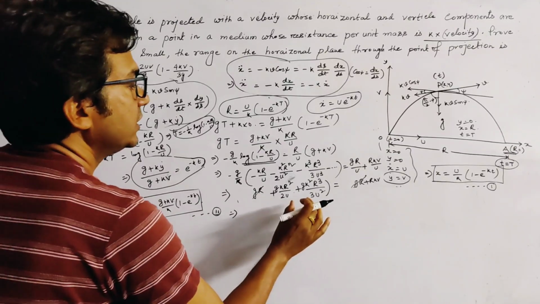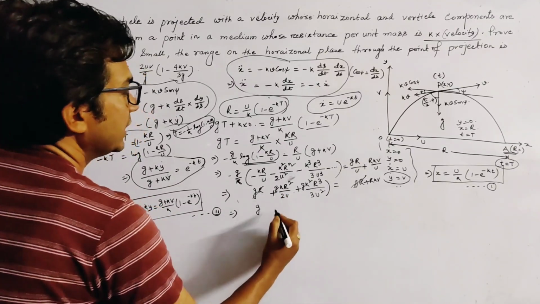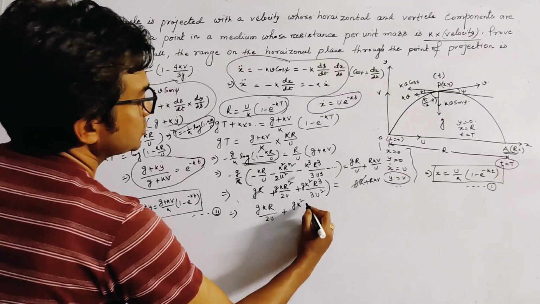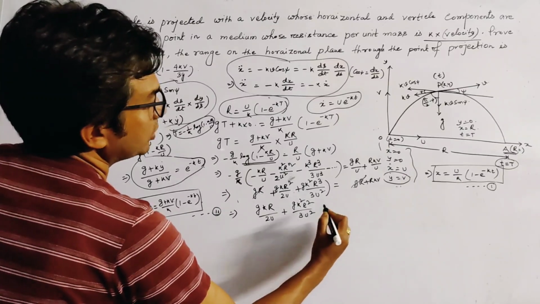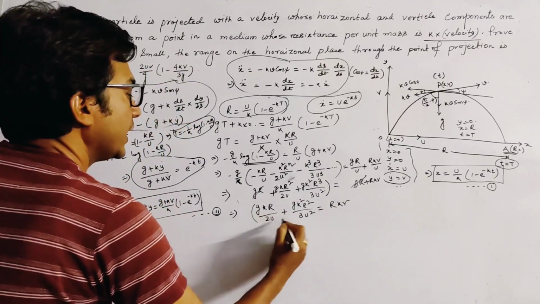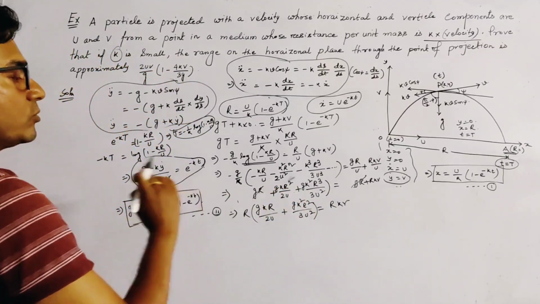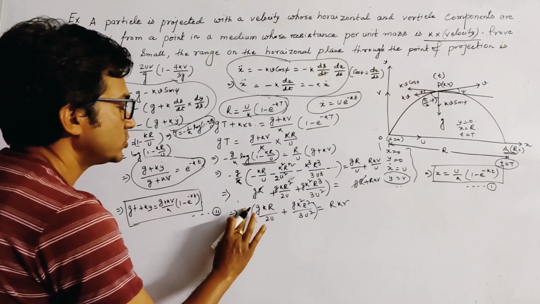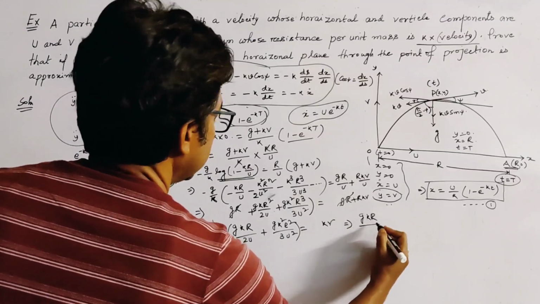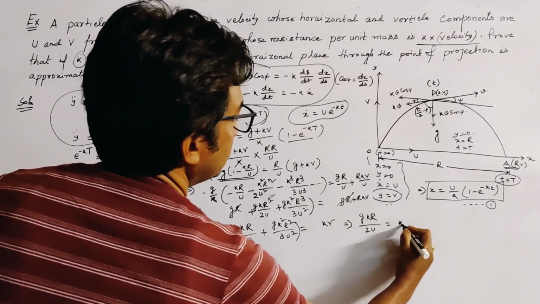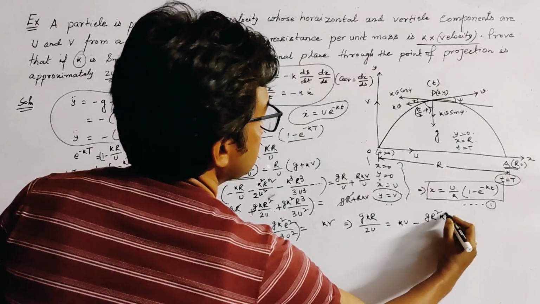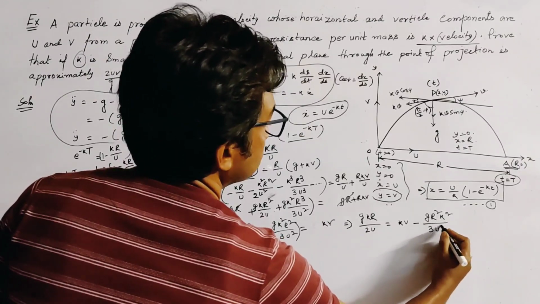We get the relation g k r by 2u plus g k square r square by 3u square. This is equal to r k v, and r is common from the right side. Now we cancel out the r from both sides. g k r by 2u is equal to kv minus g r square k square by 3u square.